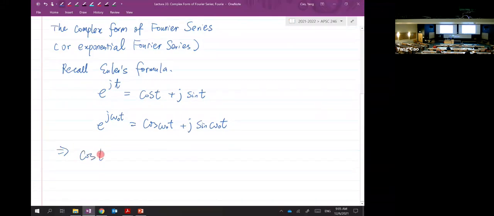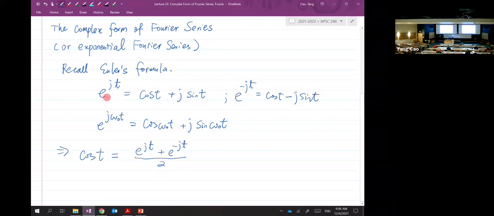From this Euler's formula, we have an immediate identity. For example, cosine t can be written in terms of Euler's formula: cosine t equals e to the jt plus e to the negative jt, divided by 2. You could easily verify that if e to the power jt equals this, then e to the power negative jt equals cosine t minus j sine t.